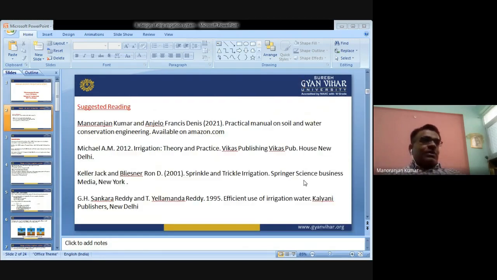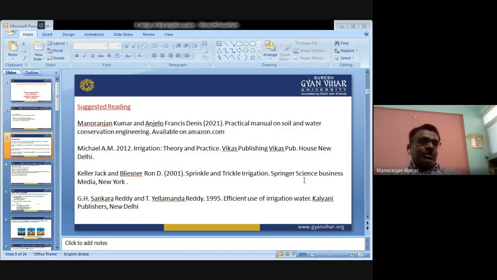For this topic, the students can refer to these books. First book is Practical Manual on Soil and Water Conservation Engineering, written by Manoranjan Kumar and Angelo Francis Dennis. This book is available on Amazon.com. The second book is Irrigation Theory and Practice, written by Michael A.M. Or students can refer to Keller, Jack, and Bristol's book, Sprinkler and Trickle Irrigation.